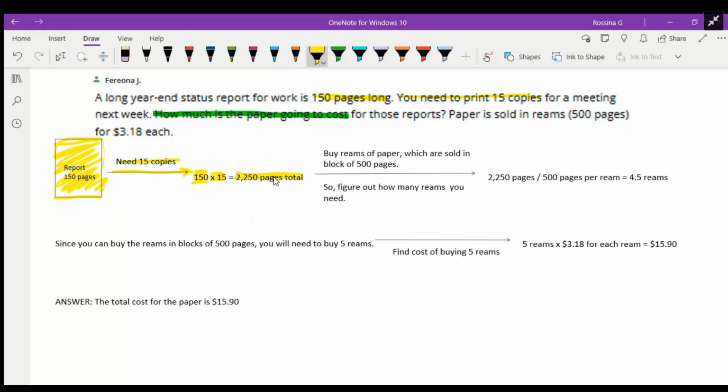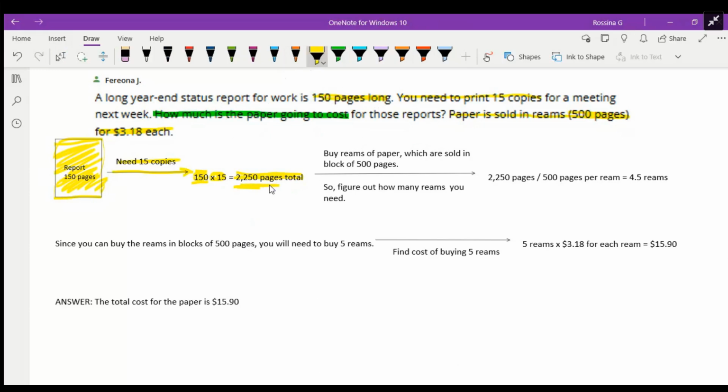All right. So now we know how many pages we are going to be using for these reports. Let's get to the cost part of it. Paper is sold in reams, 500 pages each, for $3.18 each. So we know how many pages there are, 2,250.